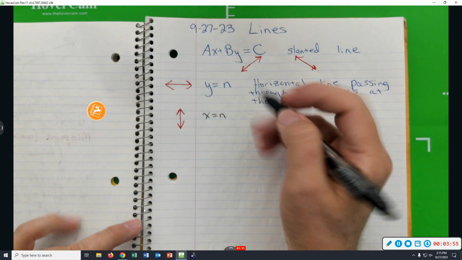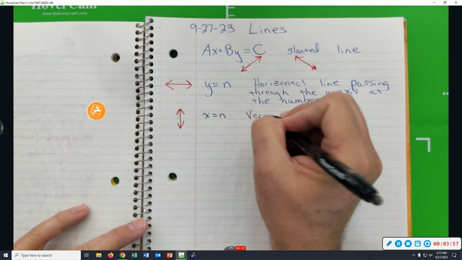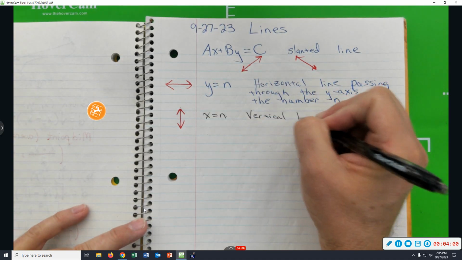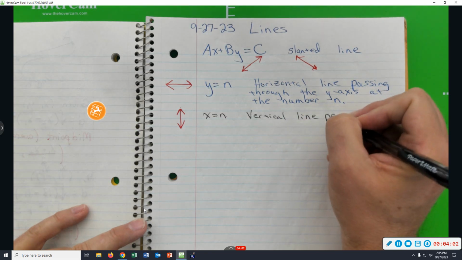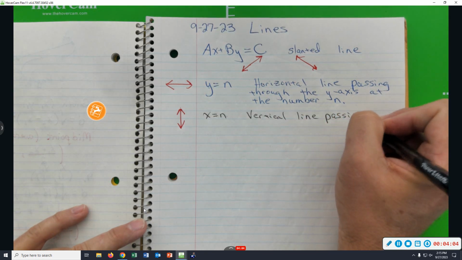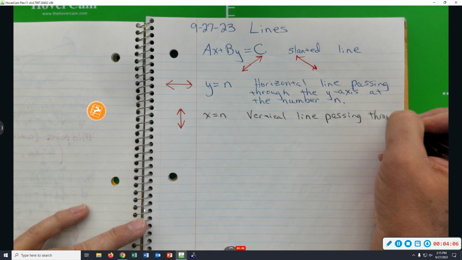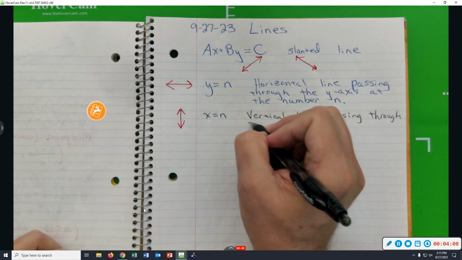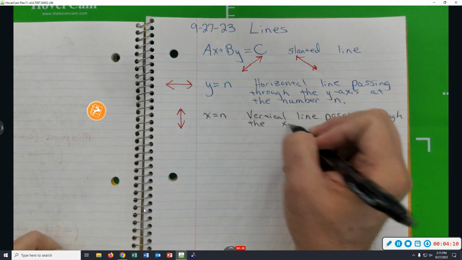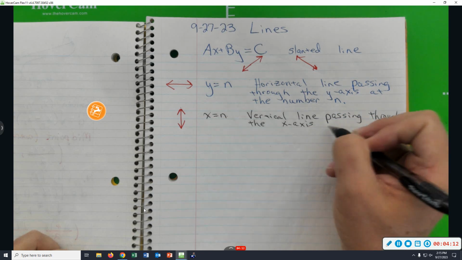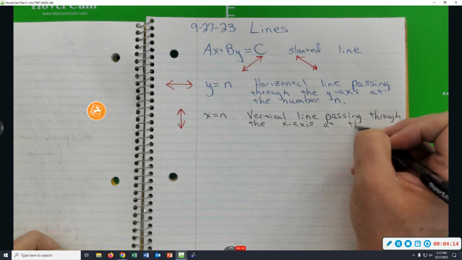It'll be a vertical line passing through the x-axis at the number n.